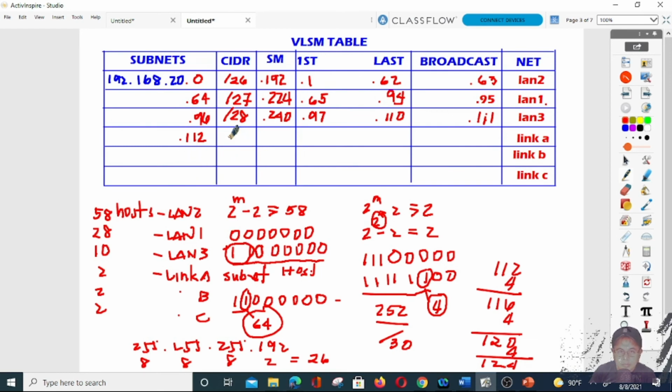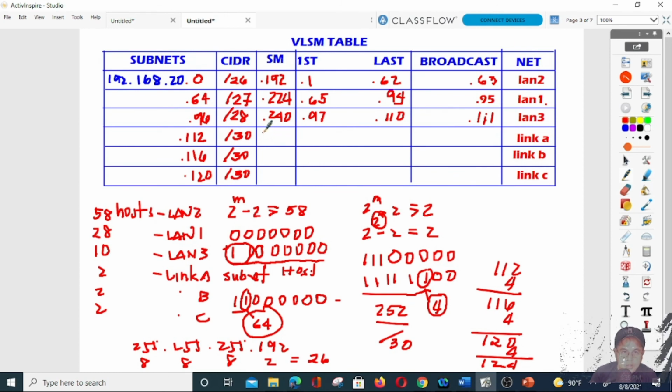So this is 116, and then this is 120. And then they have the same CIDR, slash 30, slash 30.